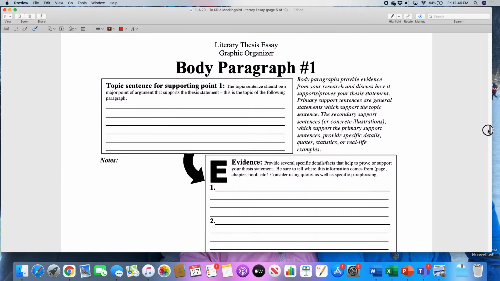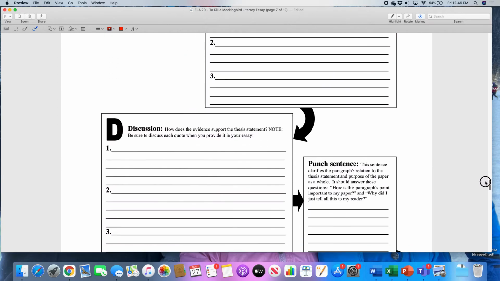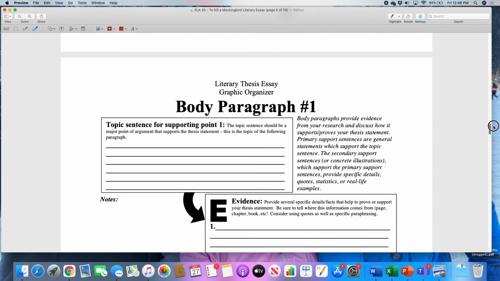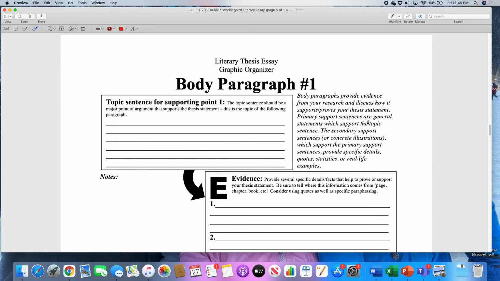Your body paragraph number 1, it's the same as the body paragraph 2 and 3, so I'm only going to go through this sheet once. But once you've got your ideas, you've got your evidence, you've got your thesis figured out, follow this path for body paragraphs. The first thing you do is your topic sentence.